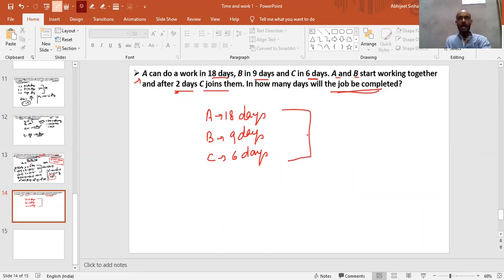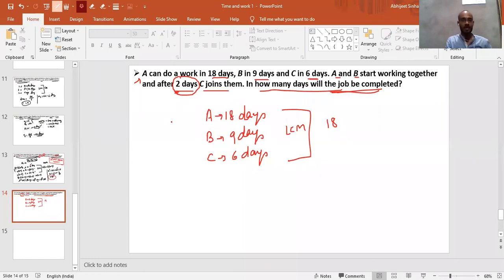Take the LCM and calculate in how many days the job will be completed. The question is in how many days will the job be completed, which will include these 2 days, because we need to answer the total time. Right, 4 it said. Okay. Anyone else? So the LCM we will take here is nothing but 18.